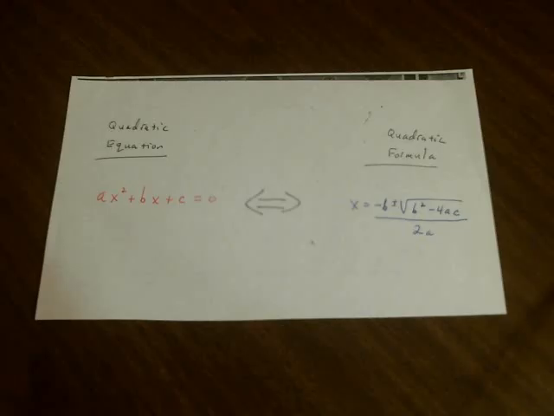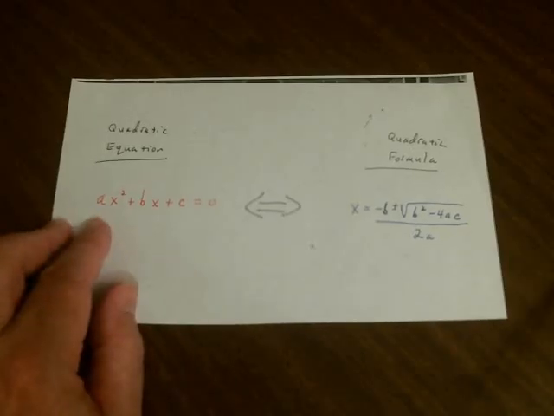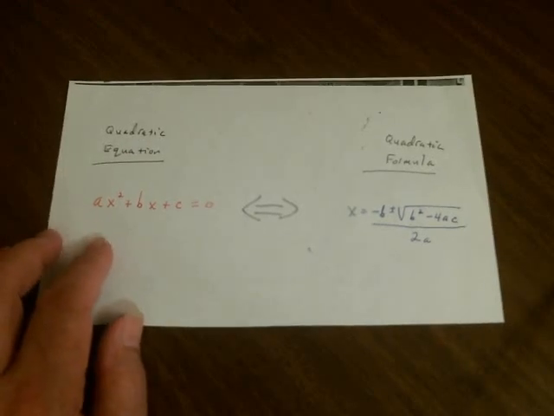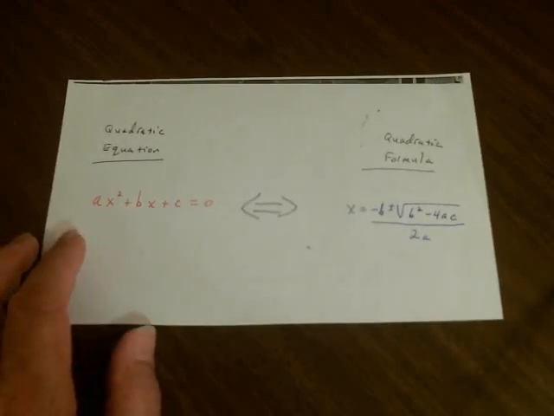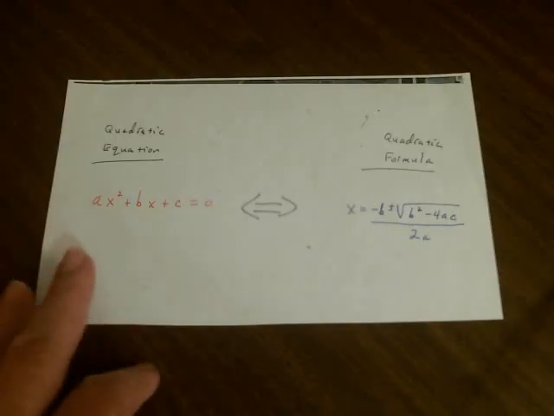You'd have to divide both sides by a, because a is not necessarily 1, and the fractions get pretty complicated. So there's a simpler way to go about this, and I'll show you what I mean.